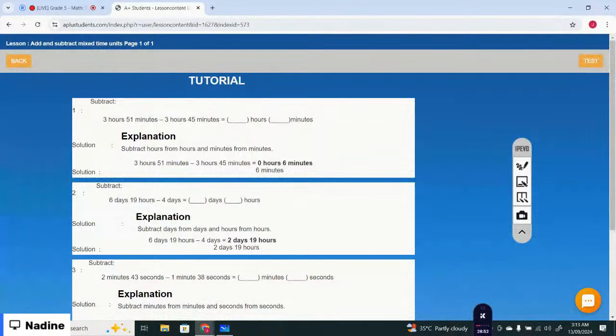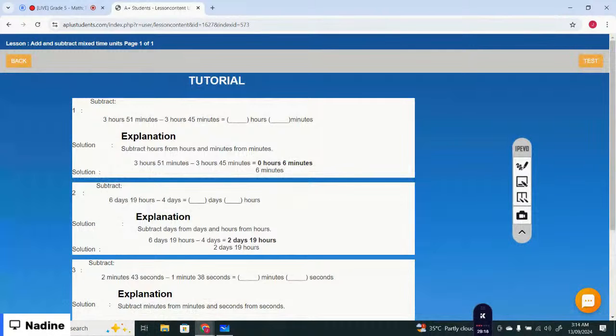3 hours 51 minutes, take away 3 hours 45 minutes.